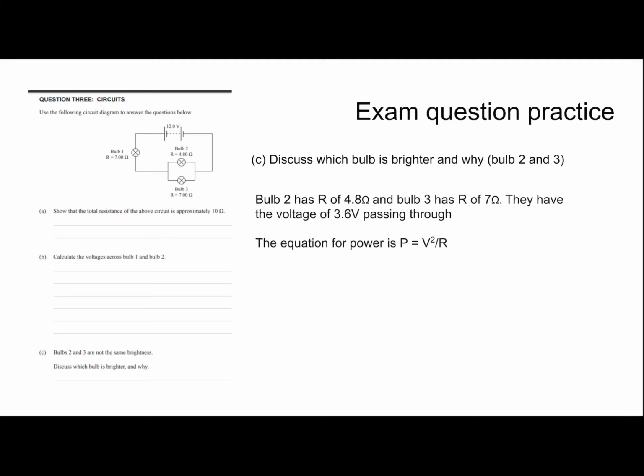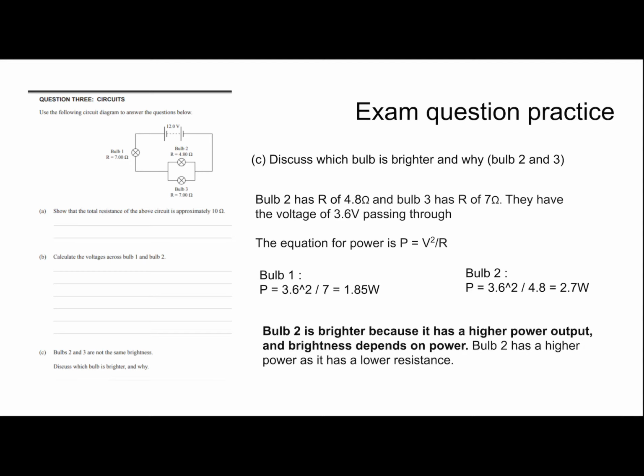We can use the equation for power, P equals V squared over R. So we do 3.6 squared divided by the resistance of the bulb to find the power output. For bulb 3, power equals 3.6 squared divided by 7, which comes out to be 1.85 watts. For bulb 2, we have the same 3.6 squared divided by 4.8 this time, and that equals 2.7 watts.